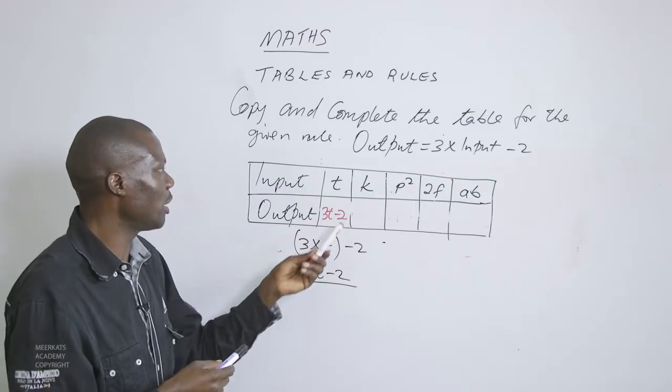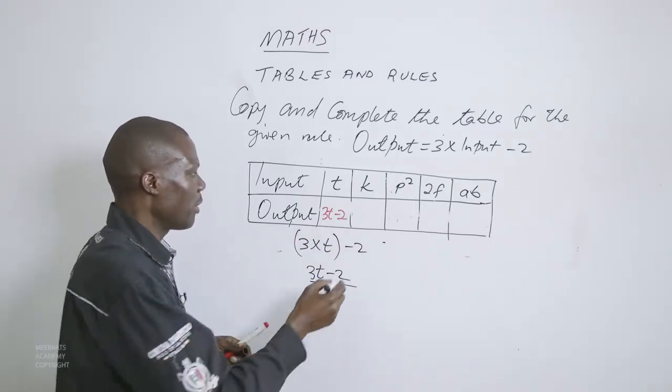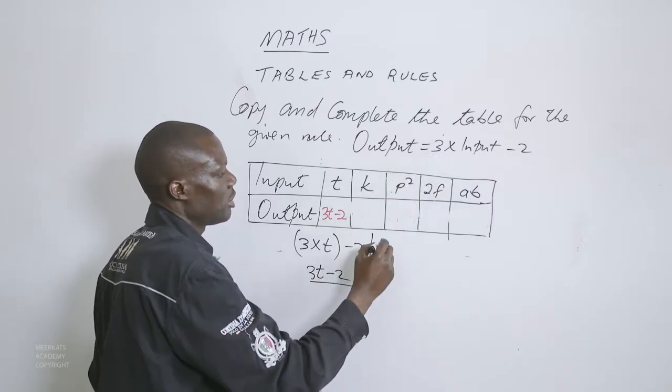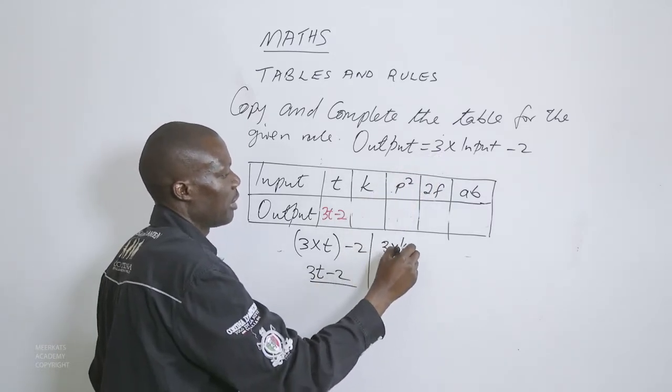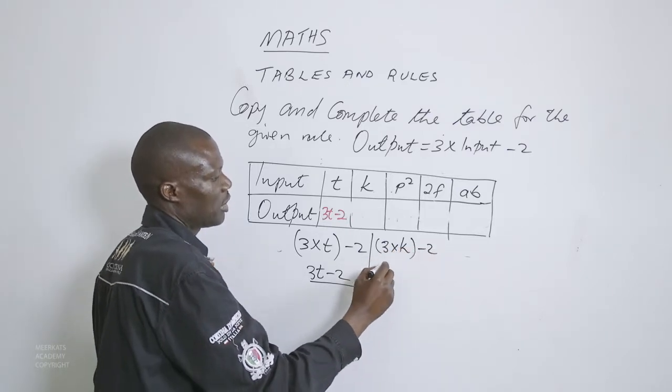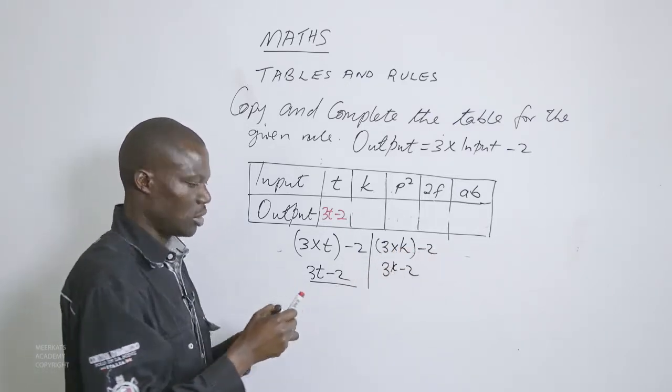For the second one here, it is k. Output is equal to k times 3, so it is 3 times k, and then all of this you minus 2. This one gives us 3k minus 2.